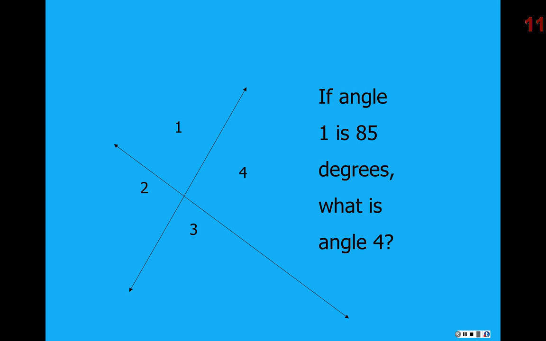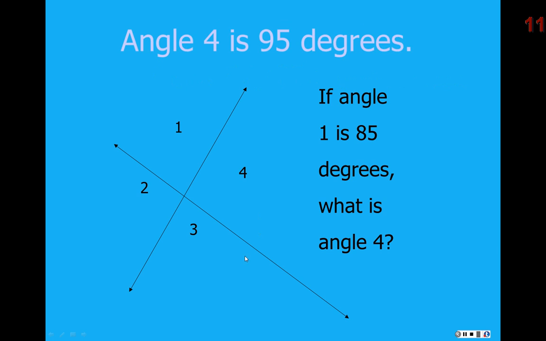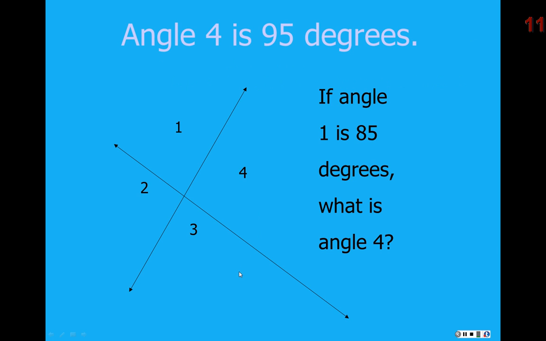No. So they should total 180. So if I told you angle 1 is 85, then what's angle 4? 95. Okay. Angle 4 would be 95. I take 180 and subtract 85, and that will tell me what angle 4 is. Any questions on how we did that?